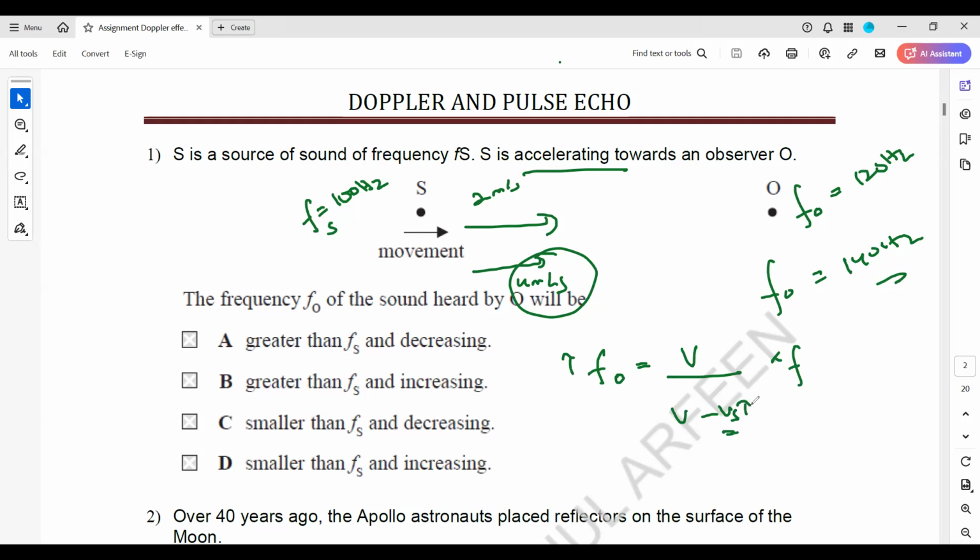The Vs is increasing, the speed of the source is increasing. So what will happen to the value of the denominator? The value of the denominator will decrease. Is this question clear?